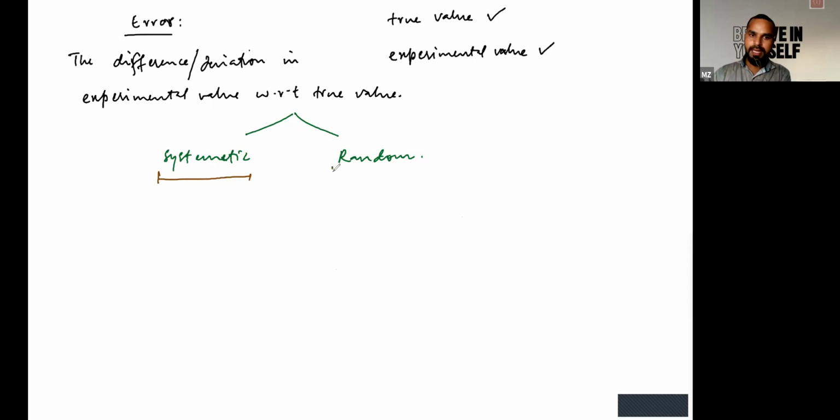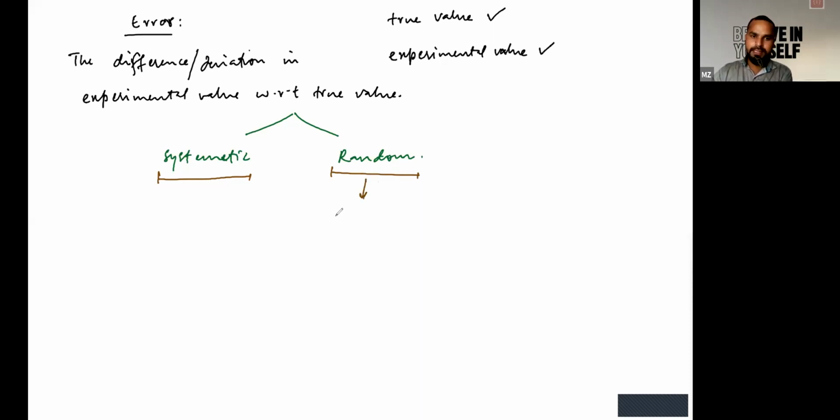Next is random error. It is based due to human mistake, and only this random error, which we can be minimized according to the taking number of repetition. That's why it is strictly assigned to a student to take more and more number of observation related to any observation or any experiment.